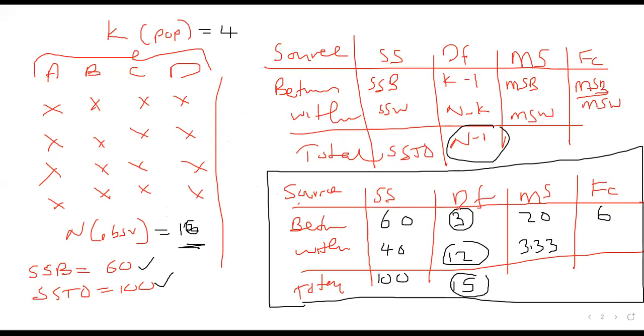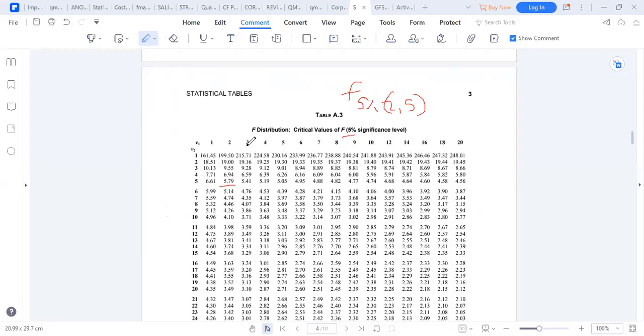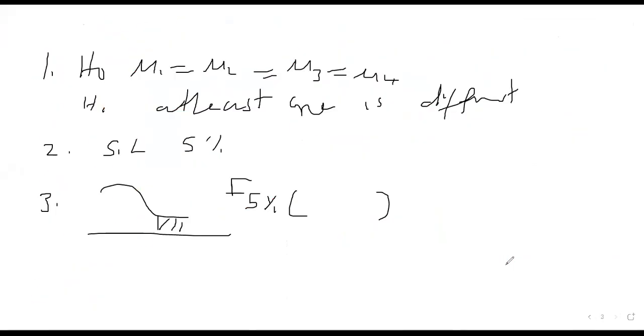That is the job of the degrees of freedom to read the tables. So when you go to the F table, make sure that it's 5%. Then 3 and 12, where do they meet? They meet at 3.49. So 3.49, that is where we're going to read.